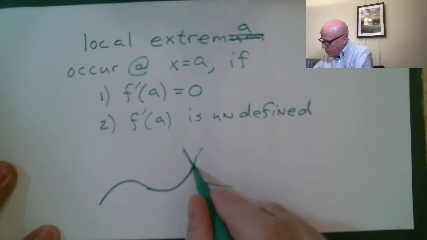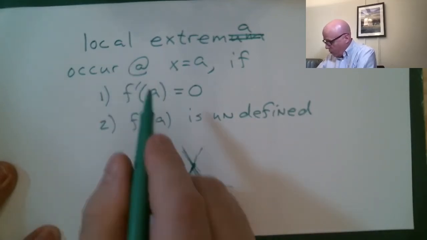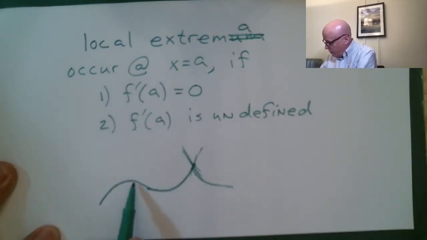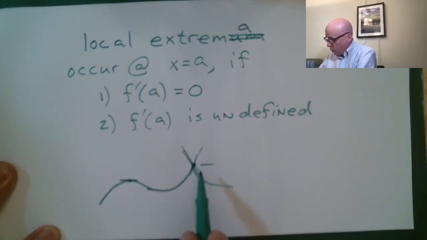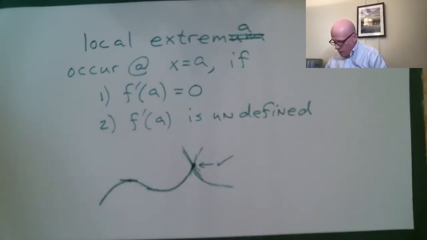It's really not possible to assign a particular slope to that needle-sharp point. Now, these are local extrema. Of the two that I have here, this local extrema where the horizontal tangent exists, and this local extrema where there is no tangent, that one's the bigger, right? So that's your global extrema for the portion of the graph that I've drawn here.